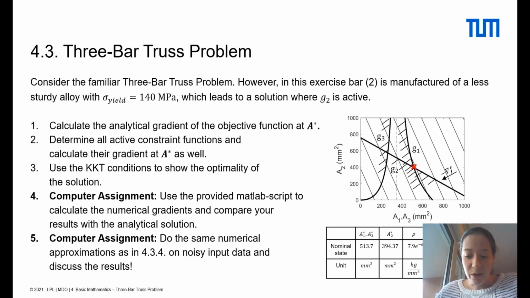Now we're back to our familiar 3-bar truss problem that we studied extensively in, I think, the first exercise. What did it look like?